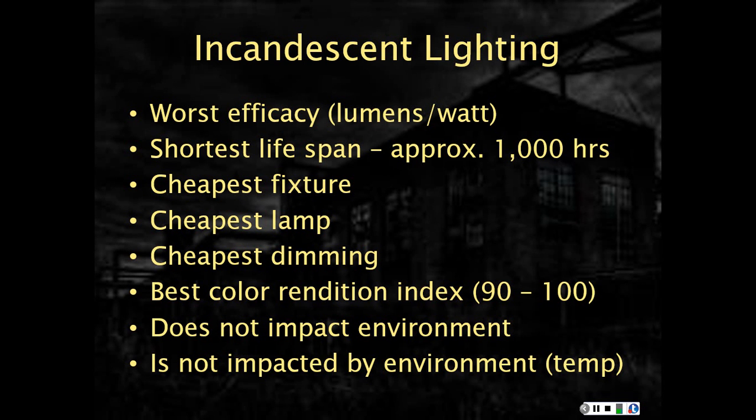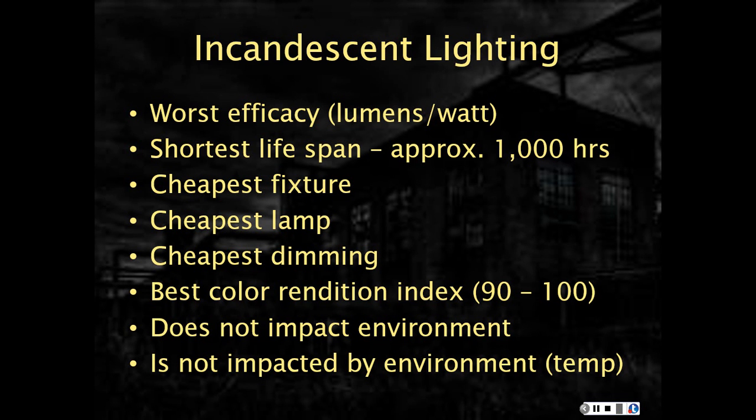Now, here's the kicker. Remember how we went through all the different criteria that's important to lighting before? It wasn't just about energy. Well, incandescent lighting has the best color rendition. Typically, most incandescent lighting starts at about 90 on the color rendition index and goes all the way to perfect color rendition.